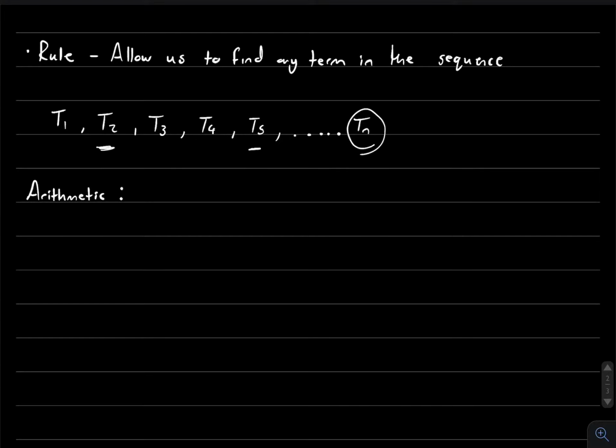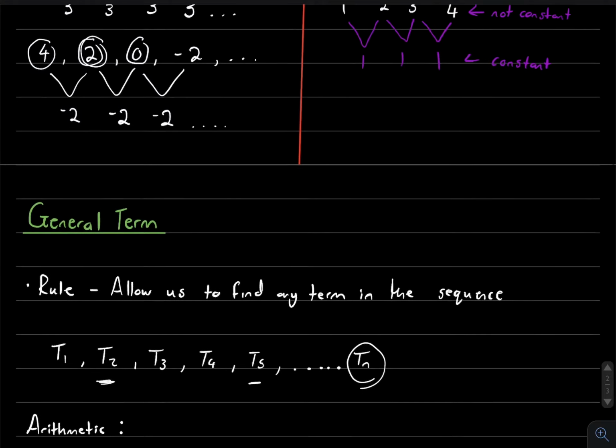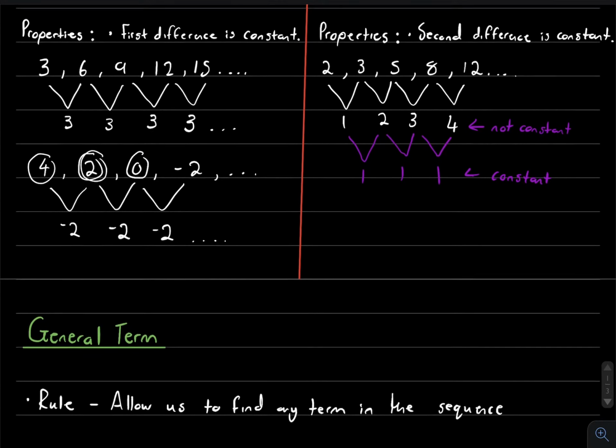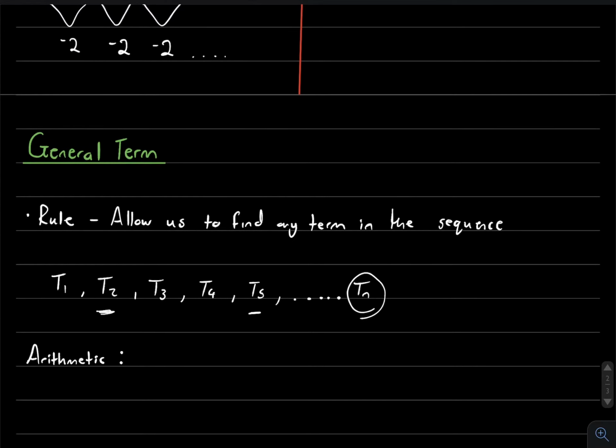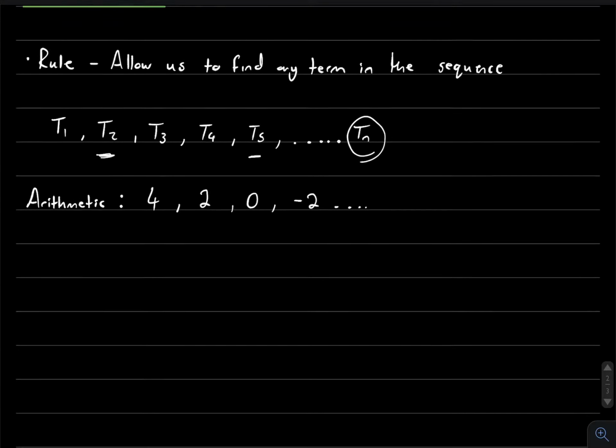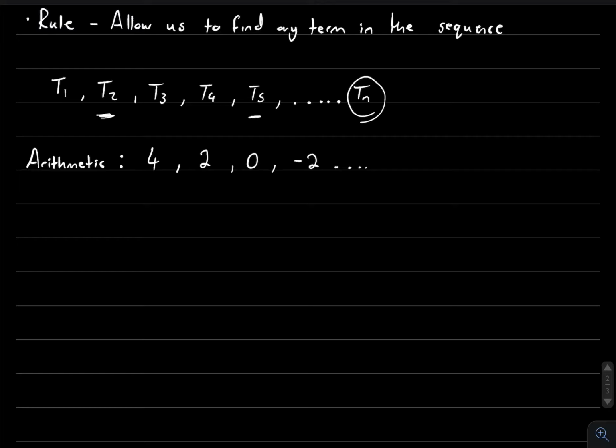and we want to look into the general term of an arithmetic sequence. So let's just take one from our previous example. Let's take this one here, 4, 2, 0, negative 2, and so on. Okay, so this is an example of an arithmetic sequence. So in terms of the general term in this case, how would we go about finding it?